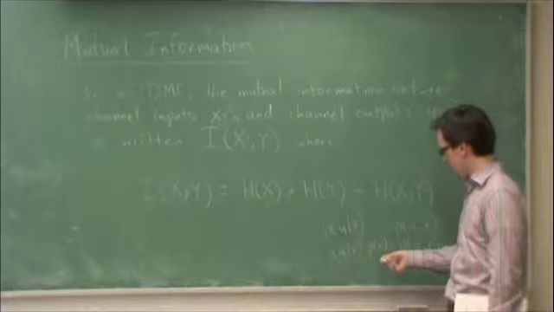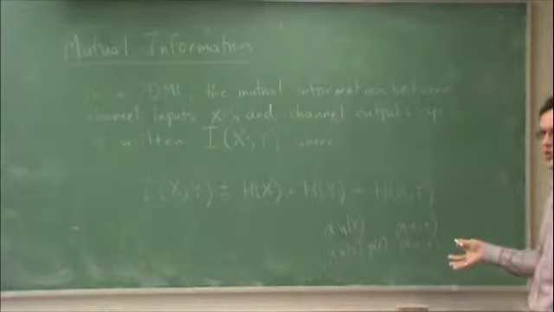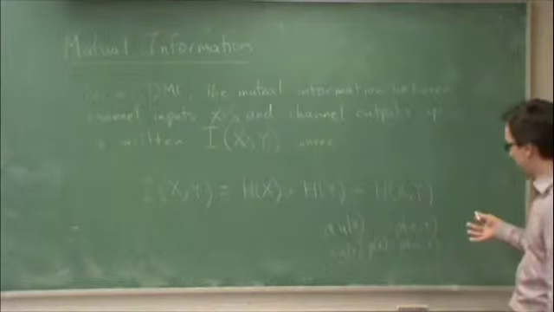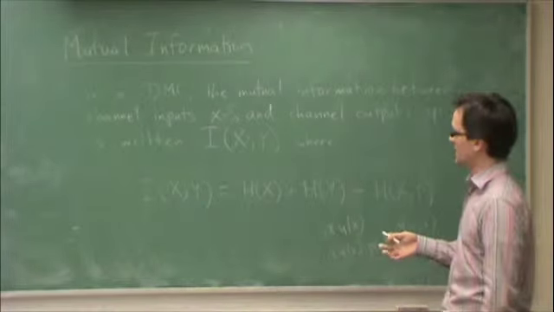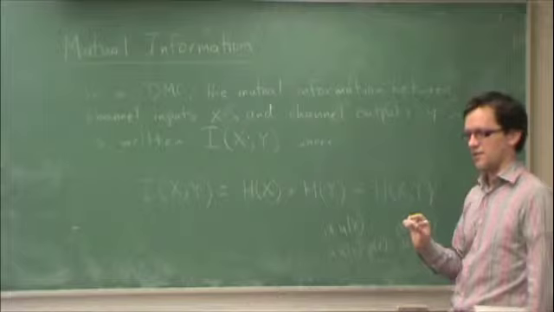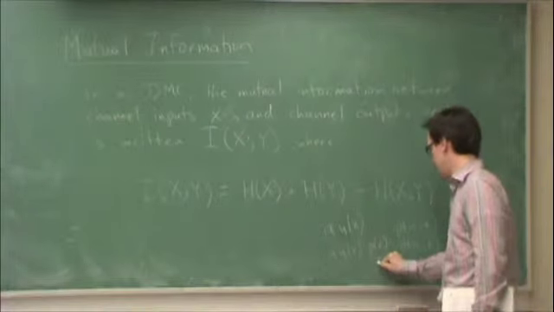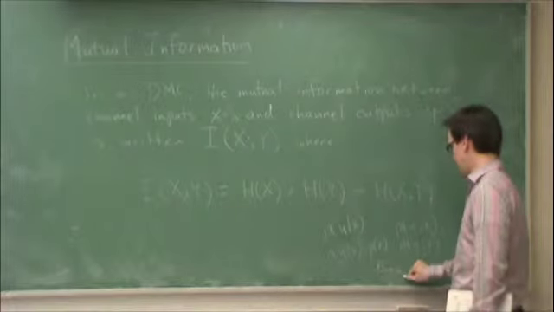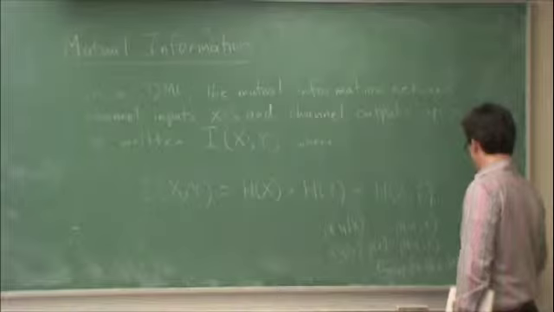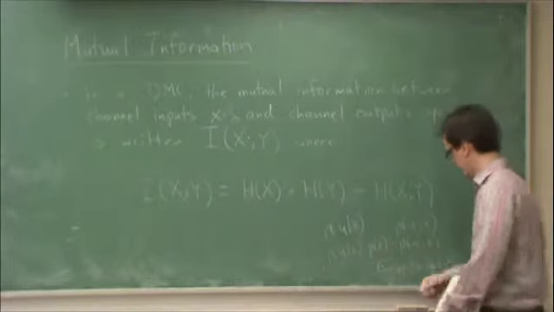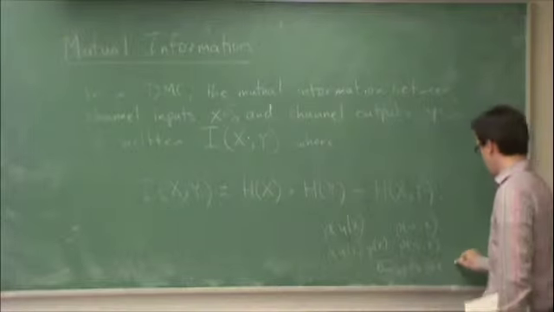So, where is P of X? Where does that come in? Is that part of the channel? Not really. P of X is the probability of selecting any particular symbol at the input of the channel. So in fact, this is up to the user.